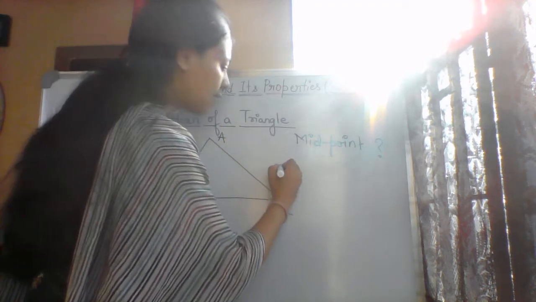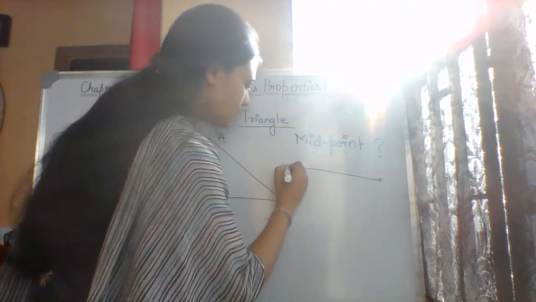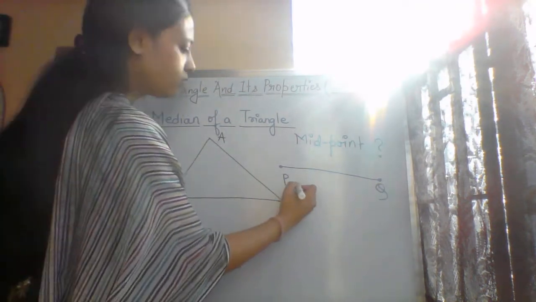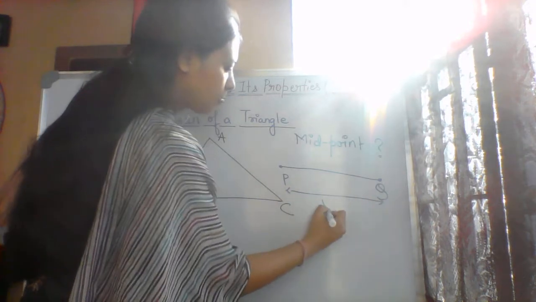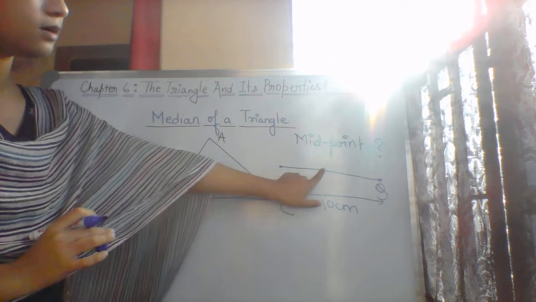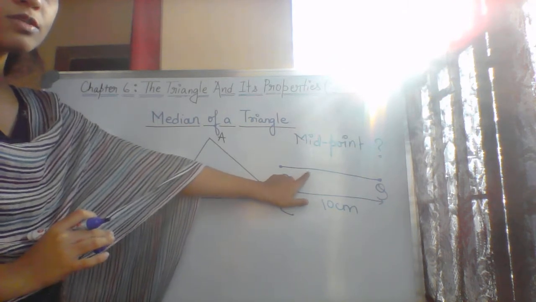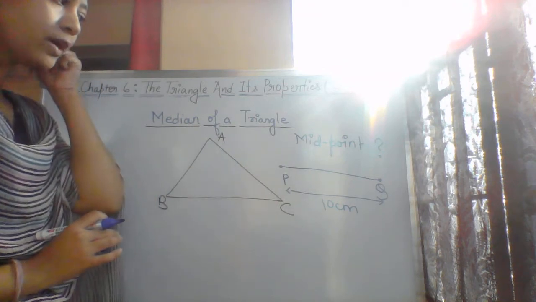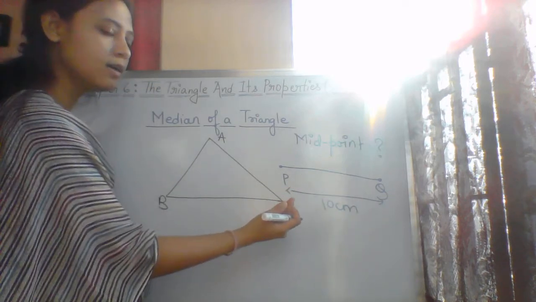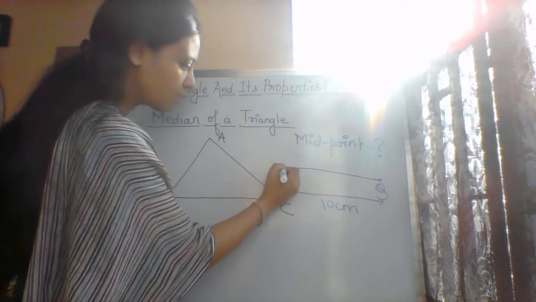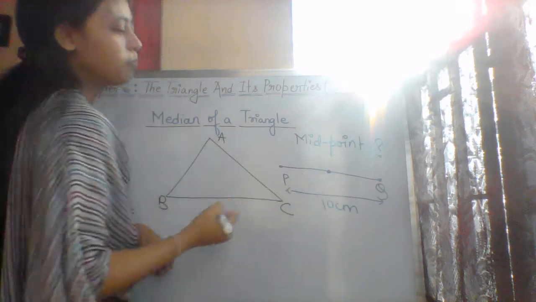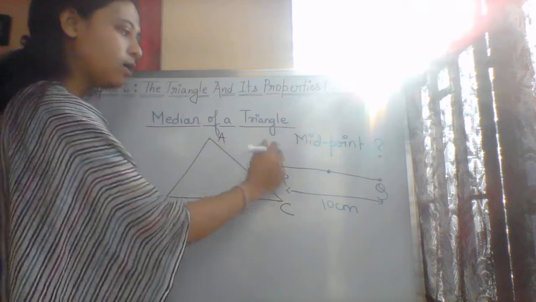If there is a line segment PQ, suppose it is 10 centimeters, where will be the midpoint of this line segment? Where is the middle point? If it is 10 centimeters, you will make half of that, which will be 5 centimeters. So 5 centimeters from one end or 5 centimeters from the other end will be our middle point, and that is the midpoint.